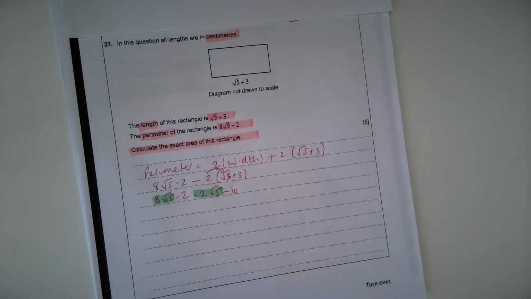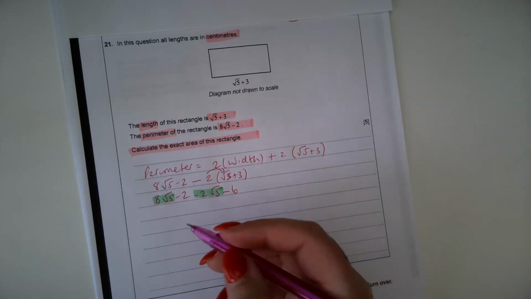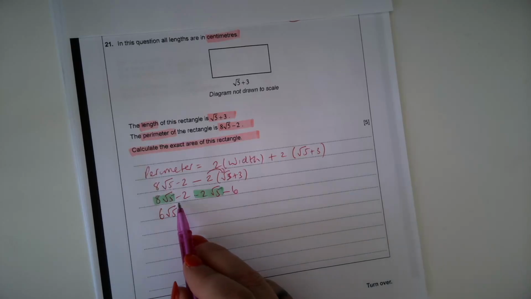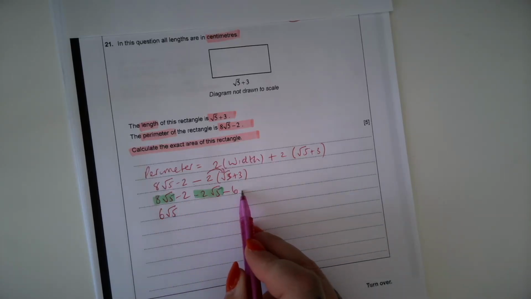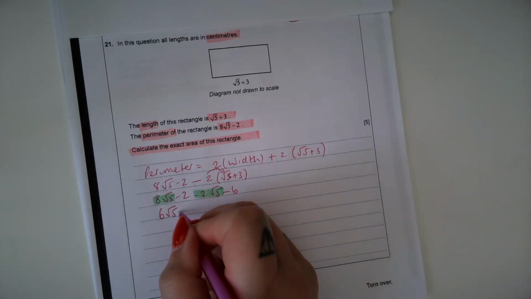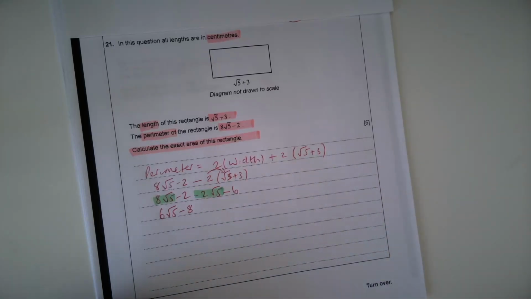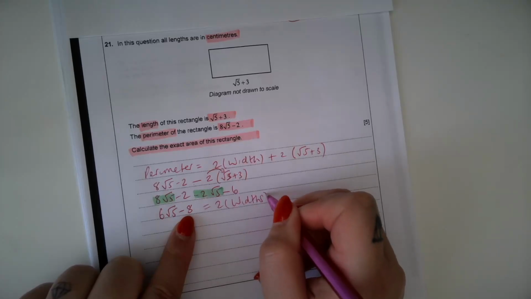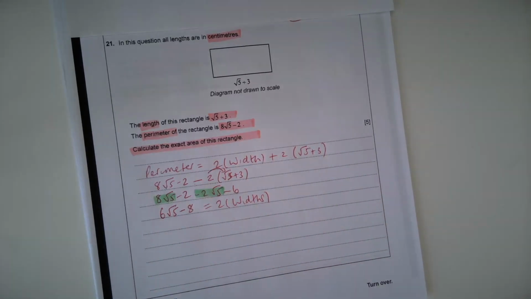Remember, we can add and subtract surds exactly the same way as we collect like terms with algebraic variables, as long as the surd matches. They're both root 5, so we've got 8 of them, subtract 2 of them, so we have 6 root 5 in total. Then negative 2, subtract another 6, so it's getting more negative and becomes negative 8. So this is our 2 widths. Well, we only need 1 width to find the area because we do width times length.